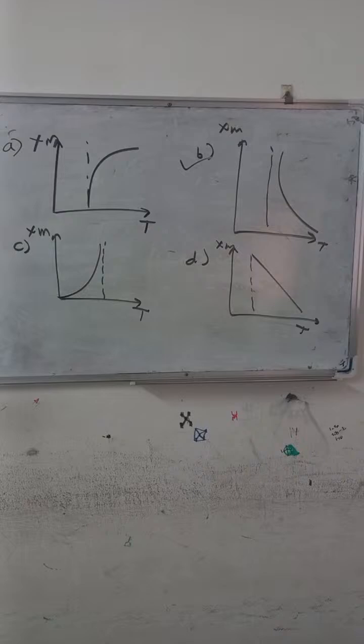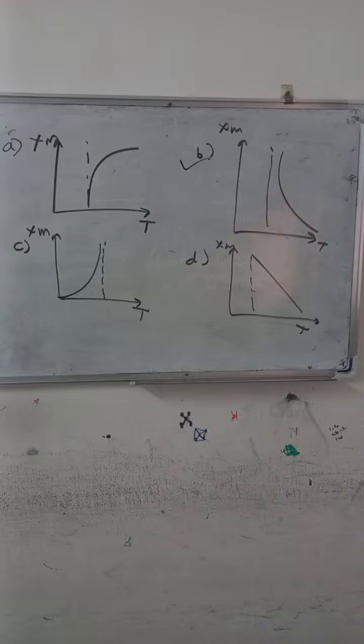A torque needed to maintain the needle in this position will be: option A, 2 root 3 joule; B, 3 joule; C, root 3 joule; D, 3 by 2 joule.